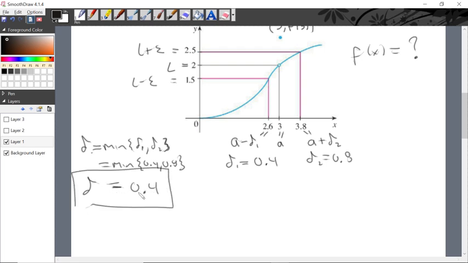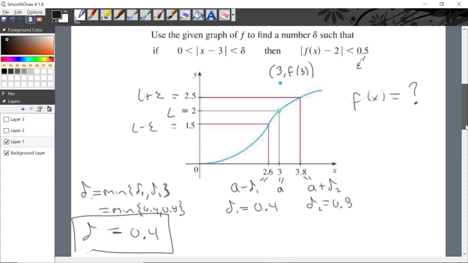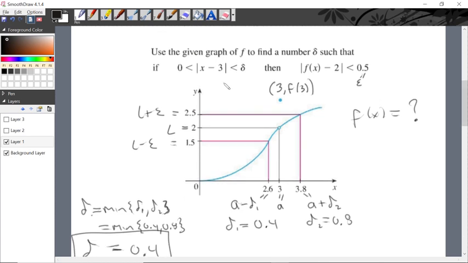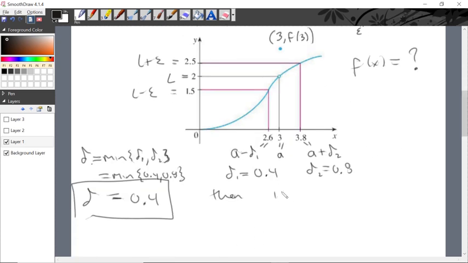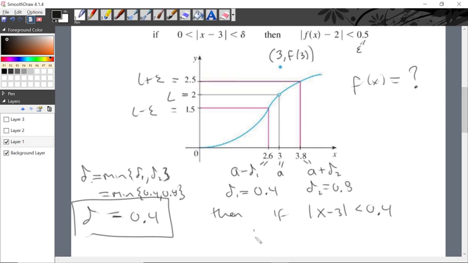So if we choose delta to equal 0.4, then we're saying if the absolute value of x minus 3 is less than 0.4, then as a result of that, the absolute value of f(x) minus 2 is guaranteed to be less than 0.5.